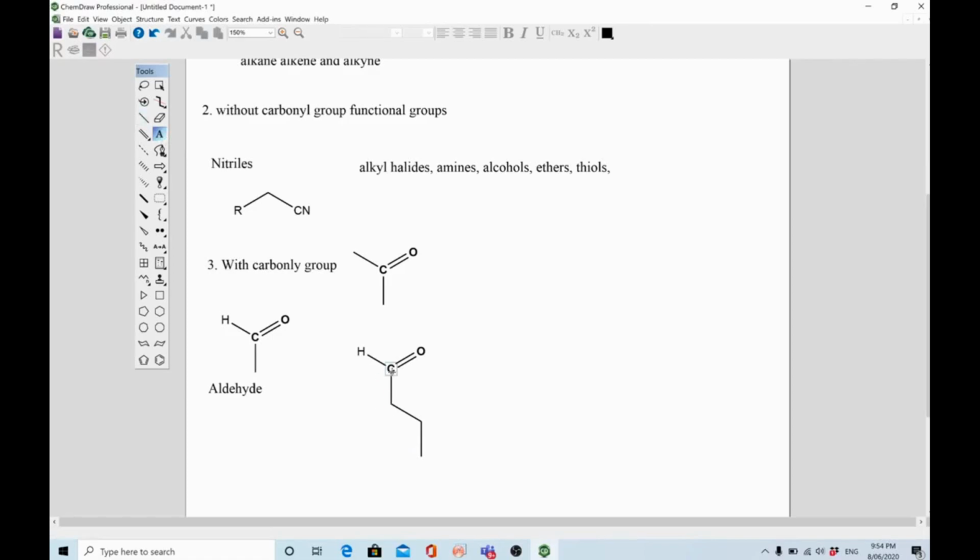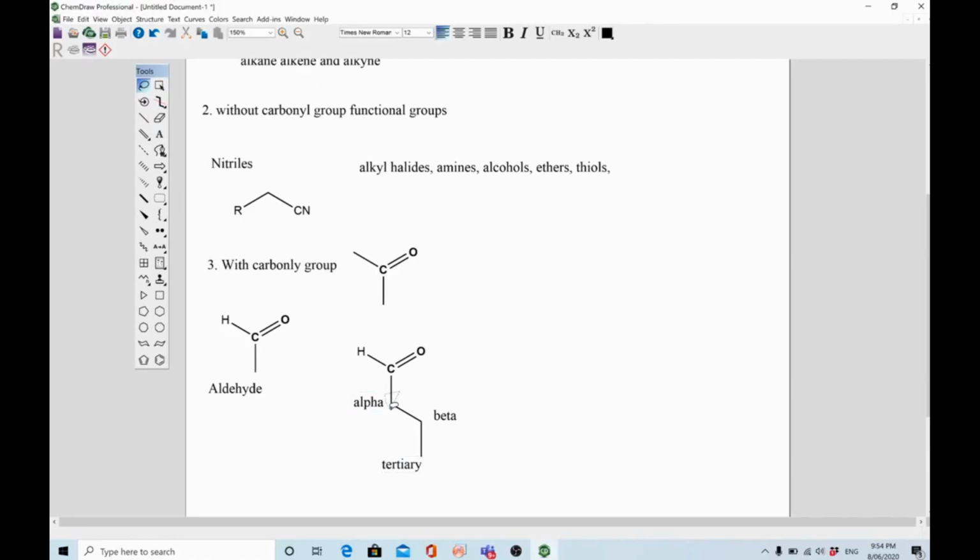The carbon next to the carbonyl group is called the alpha carbon. This is really important when you study the reactivity or reactions of carbonyl groups, you will find this helpful. So this is the beta carbon, and the last carbon is gamma, and if you go further, whatever.